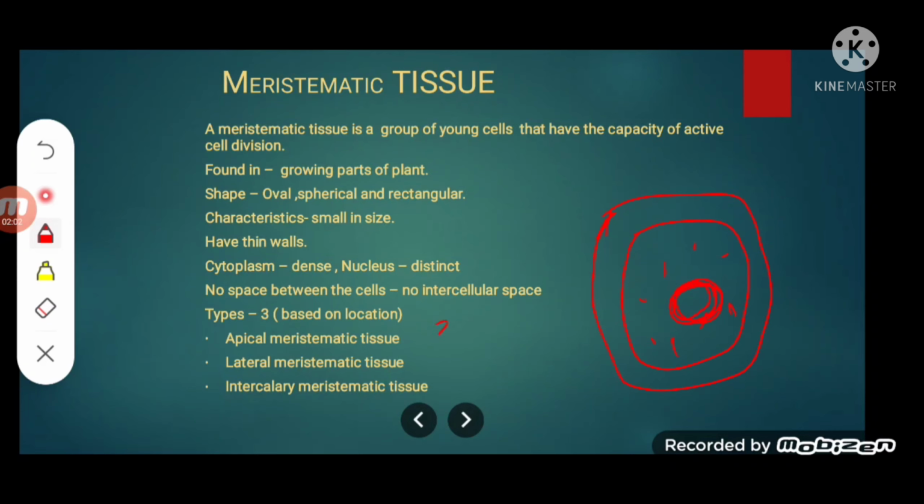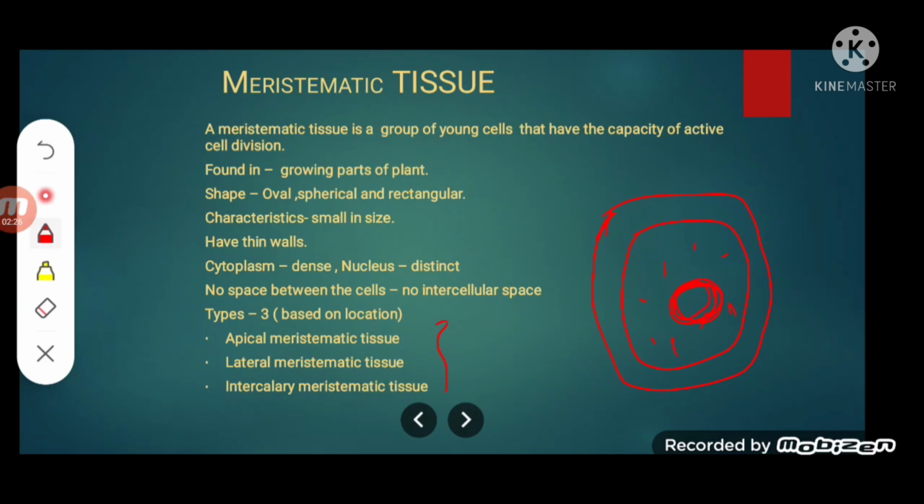Meaning in all these three categories there will be no vacuole. Why? Because the cell takes its nutrition from the dense cytoplasm only, for rapid division. That's why they divide very fast, as their cytoplasm is very dense and they have a prominent nucleus.